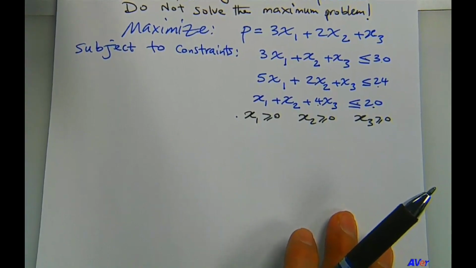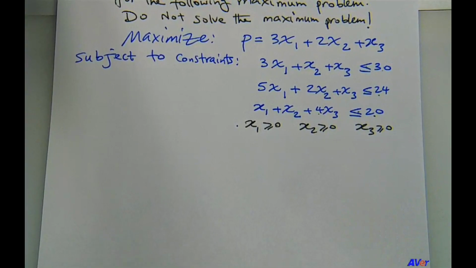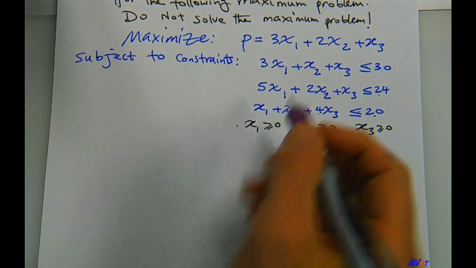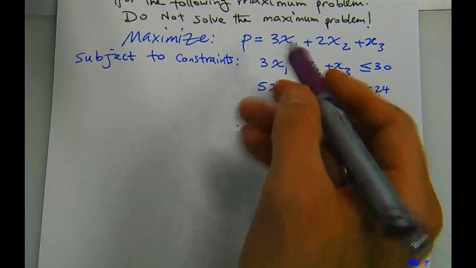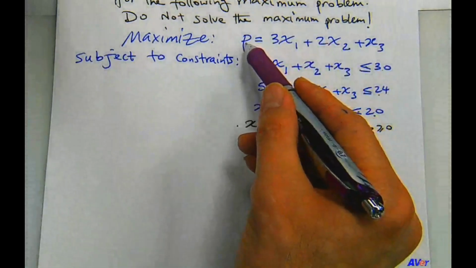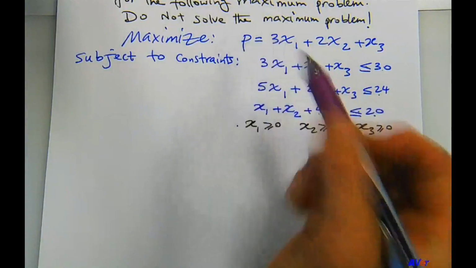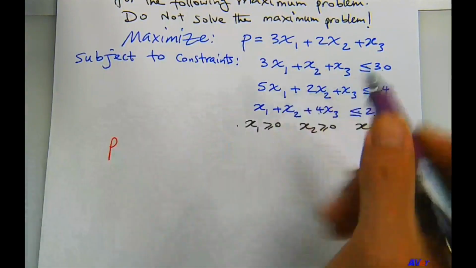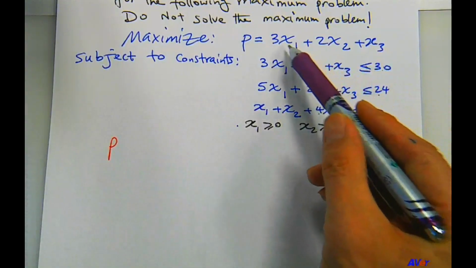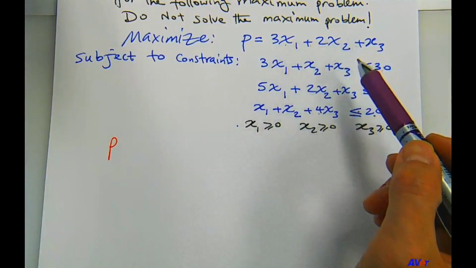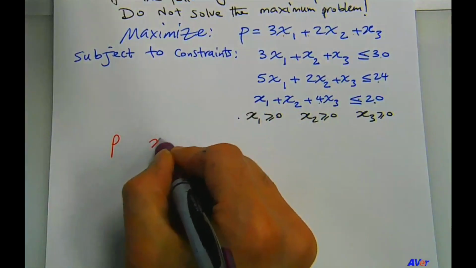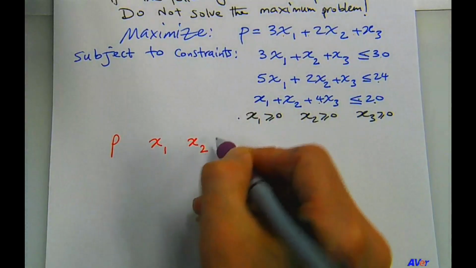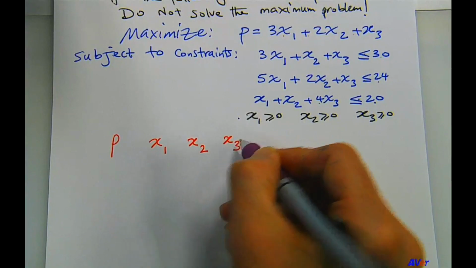Okay, so to set up the initial simplex tableau, let's begin with, I'll use my red ink, the objective variable p, and then we have three non-basic variables. Let's write those down: x1, x2, x3.